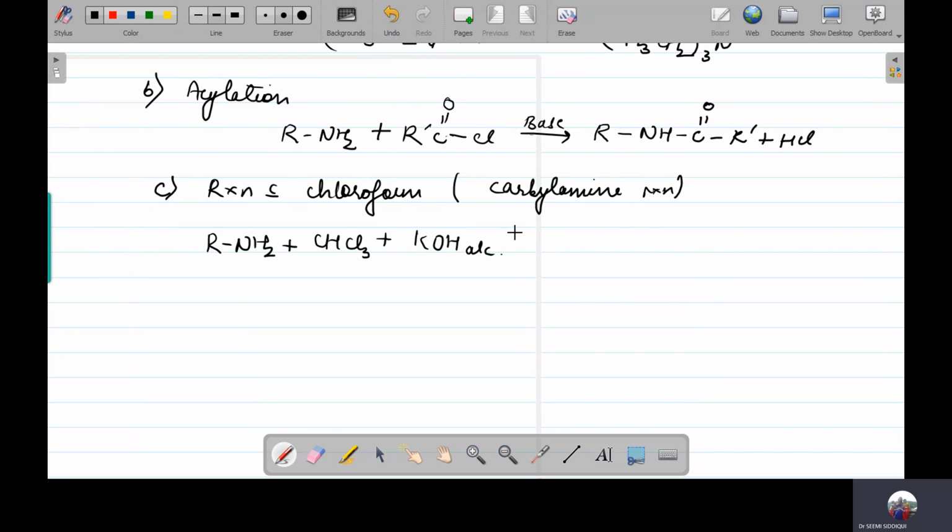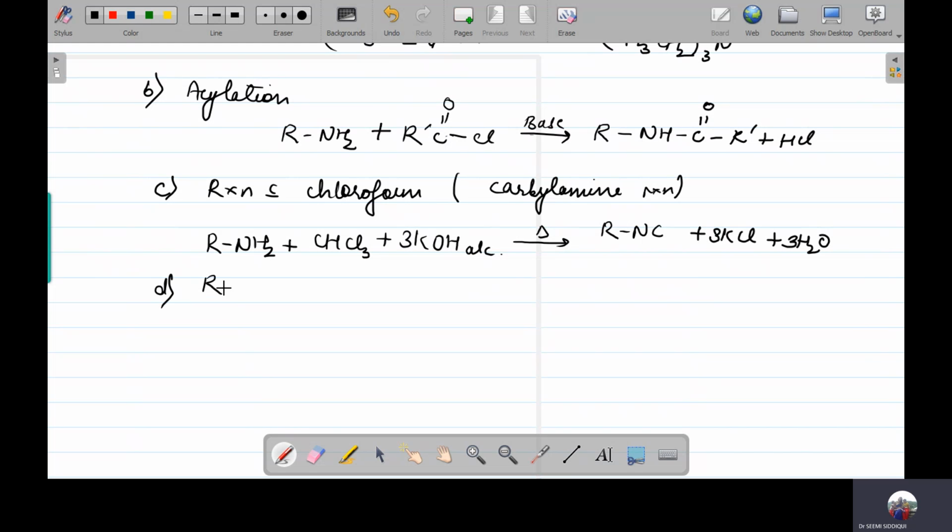Always remember when we have any specification, aqueous or alcohol, it is very necessary to mention it in the reaction. So it is going to give you an alkyl carbylamine, KCl will get liberated and a water molecule is going to liberate, balancing the equation.